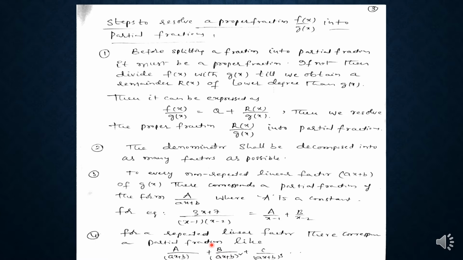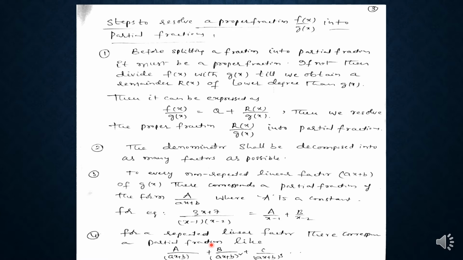If we are given an improper fraction, at first we have to divide the numerator by the denominator and convert it into a proper fraction by taking the remainder. That is, before splitting a fraction into partial fractions, it must be a proper fraction.